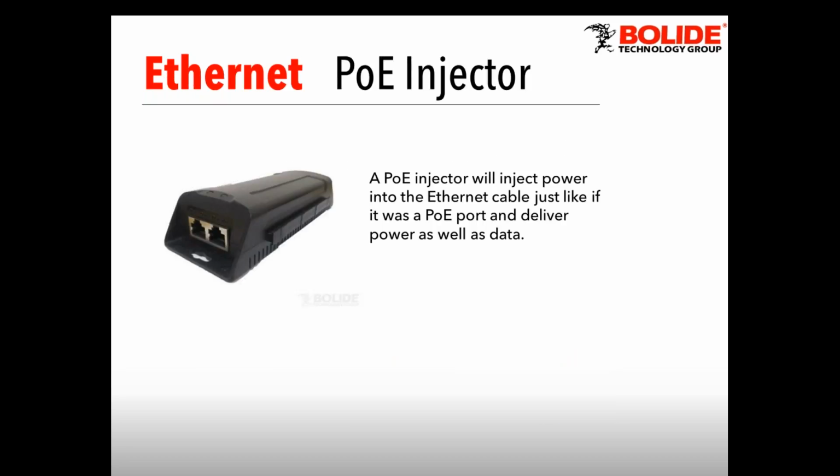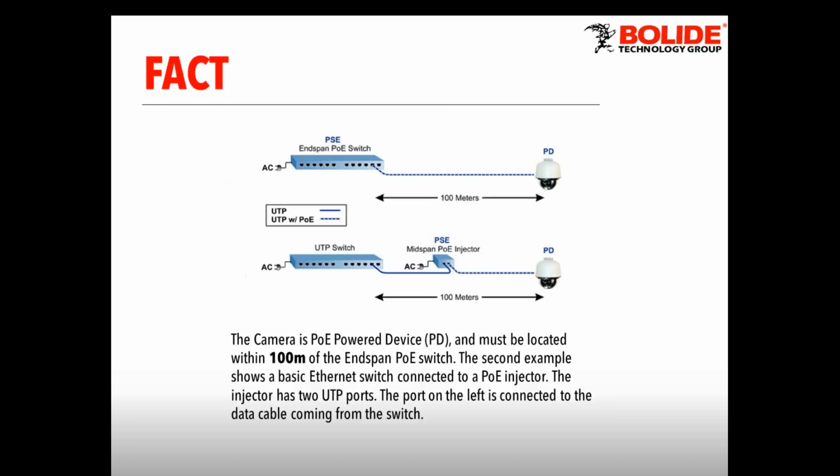Do the injectors need power? They do need power. So an injector, like I said, is going to put the data and power into the Ethernet cable. And like I said before, it's important that you remember that it's not going to extend the run. There are 2 pictures here.